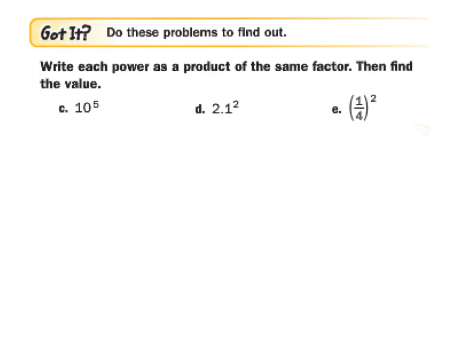So here they would like us to write each power as the product of the same factor and then find the value. If you'd like, go ahead and pause the recording and try all three on your own using the examples above. Otherwise, just follow along with me. Here 10 is my base, and we're going to multiply it by itself 5 times.